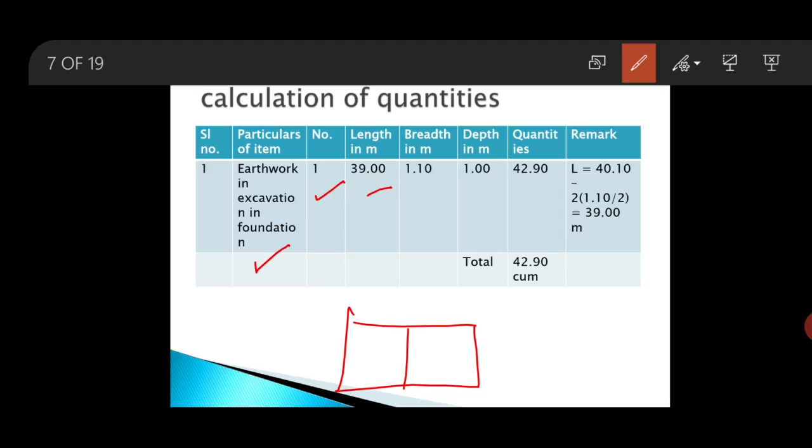In the remark column you have to write length equals 40.1, the total center to center length. From that you have to subtract, as there are two junctions, 2 into b by 2. So this b will stand for the width of the excavation.